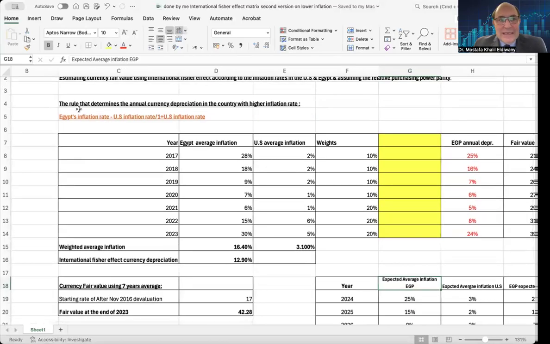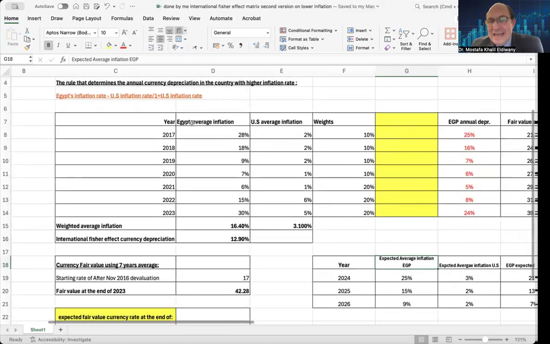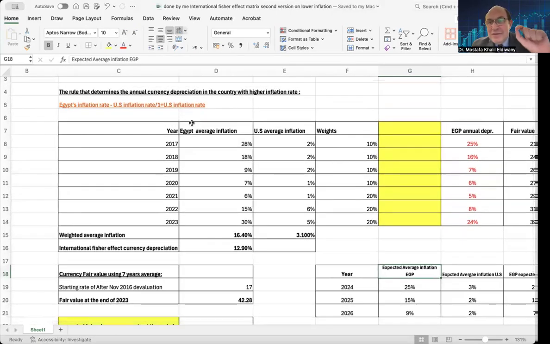The rule is: you take the expected inflation in Egypt minus the expected inflation in the US, and divide it by 1 plus the expected inflation in the US. It gives you the expected depreciation of the Egyptian currency in front of the US currency.